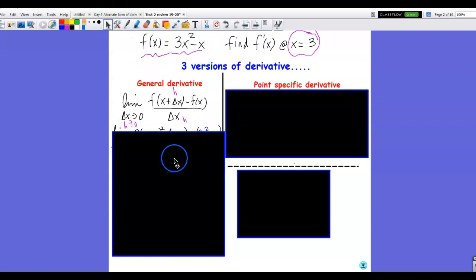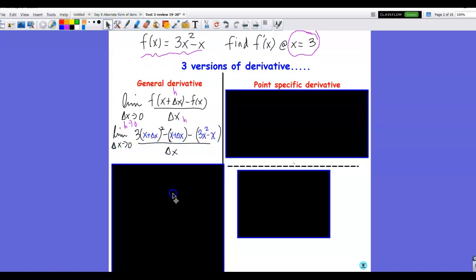So when I use this specific function, what I want you to see in this general form is that the function is 3x squared minus x. Right here I have the 3, and then I'm going to take the x out and replace it with x plus delta x, and square it. Then minus x, and so I'm taking the x out and putting in x plus delta x.